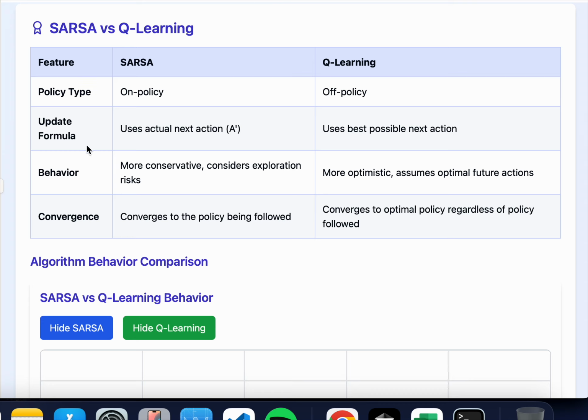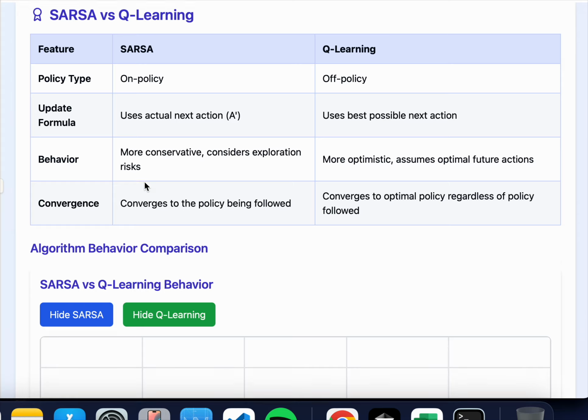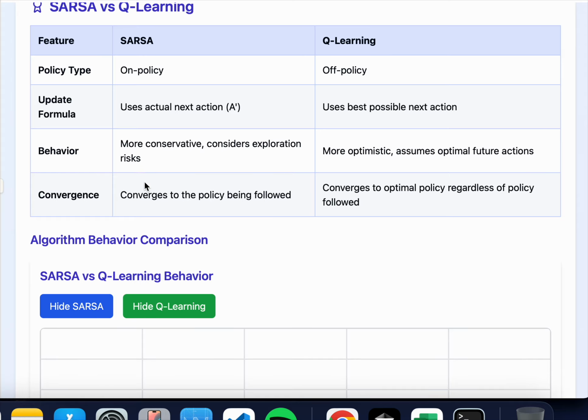Update formula here. SARSA uses the Q value of the next state and the actual action taken, that's Q of s' a', while Q-learning uses the maximum possible Q value in that next state, and again more optimistic. And because of that, their behavior differs. SARSA is a bit more conservative, since being on policy, it accounts for the fact that we might take a risky move due to exploration.